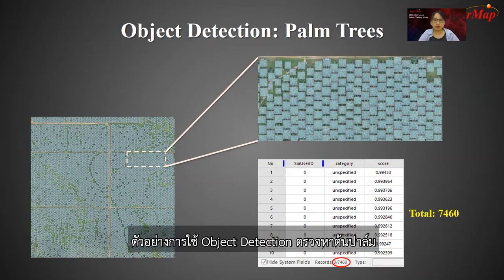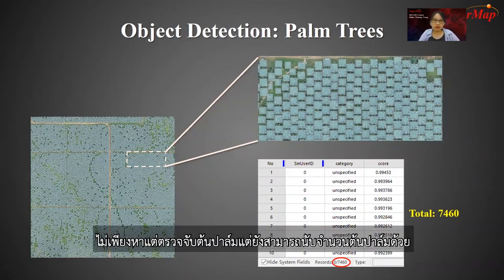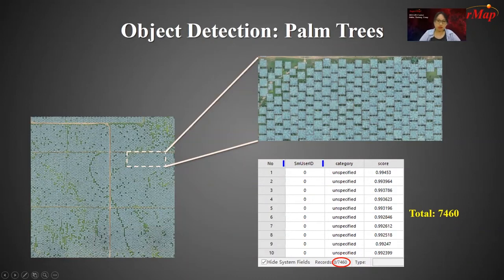This example shows palm tree extraction by object detection. We can not only identify the palm trees, but at the same time get the total number of palm trees. So it is helpful.